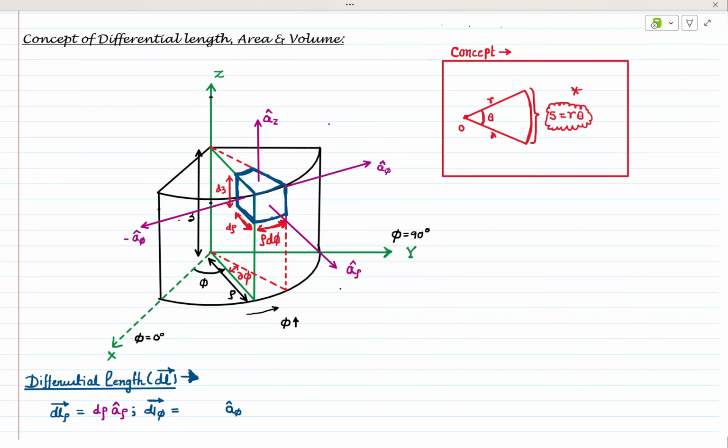That is nothing but this, rho d phi. Rho d phi is the component of the small section in the direction of a phi. So that's why I can write it as rho d phi.